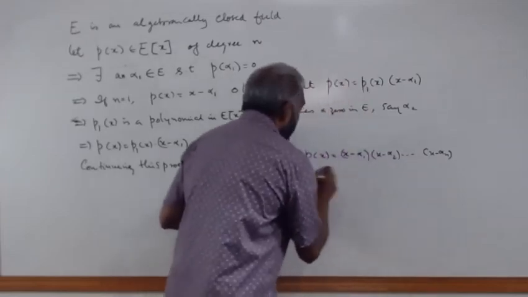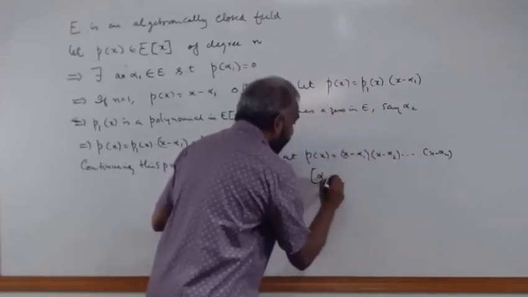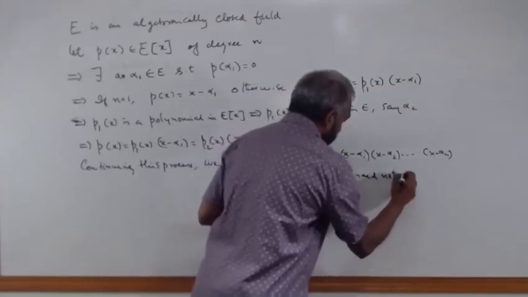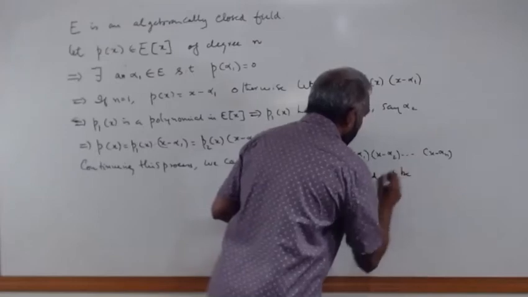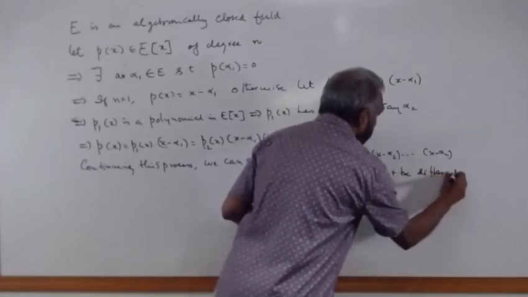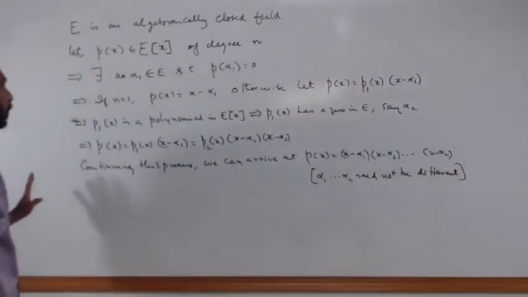Actually, a comment: alpha 1 through alpha n need not be different. It could be the same. So what does that mean?